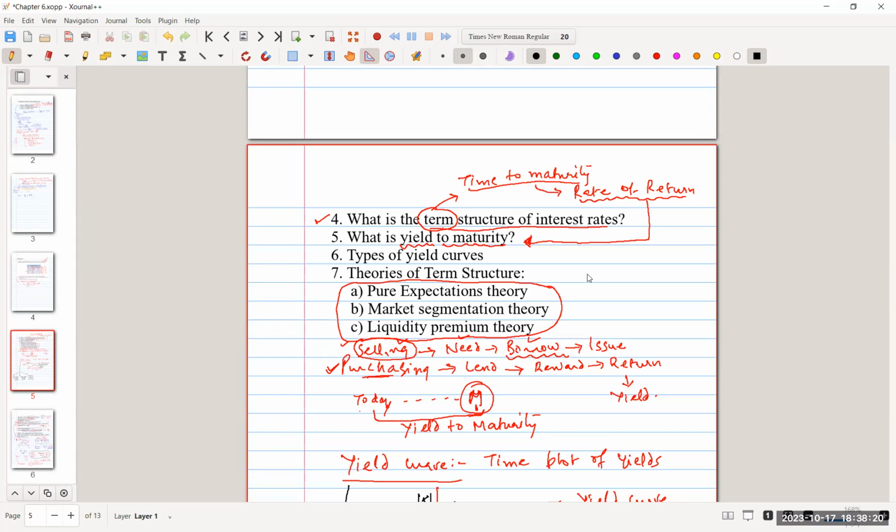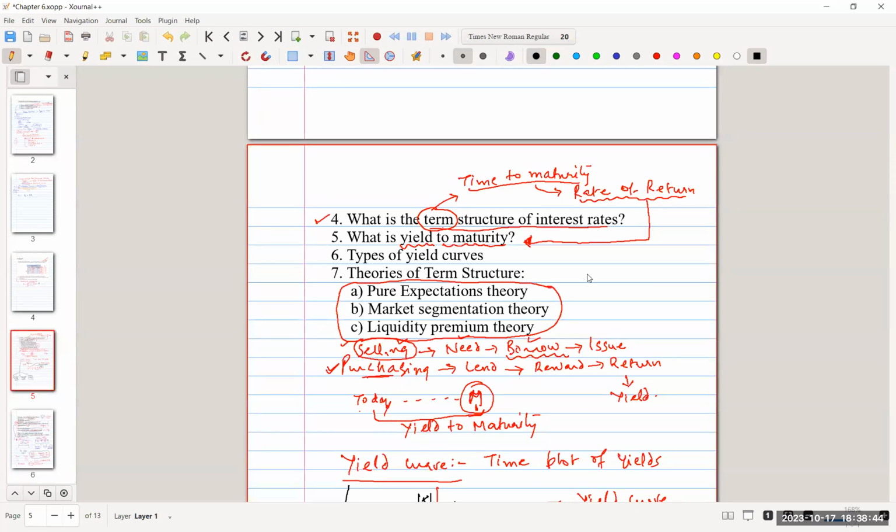All right, so what actually happens, or what researchers have observed in the market, is that there is a natural tendency for people to gravitate instinctively towards those financial instruments which do not take too long to mature.